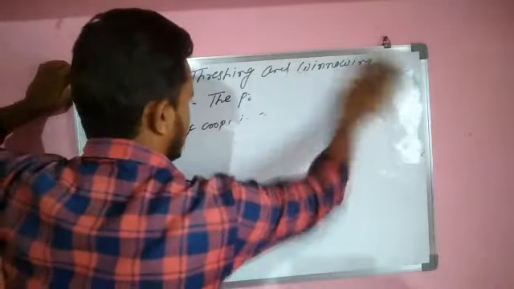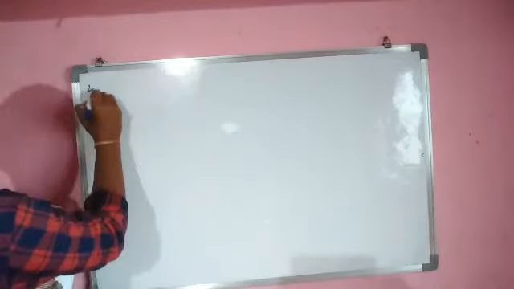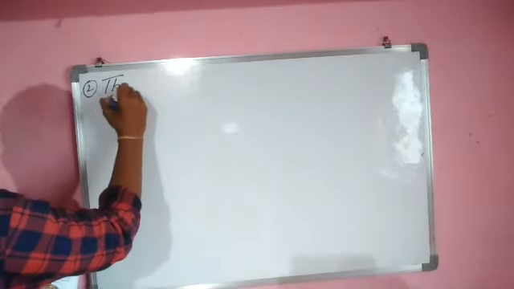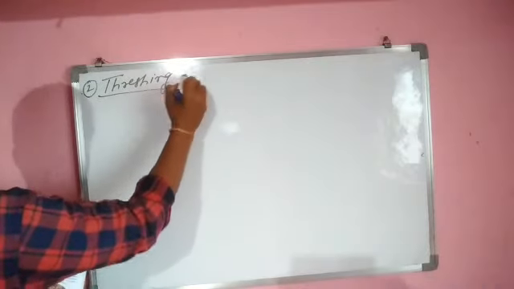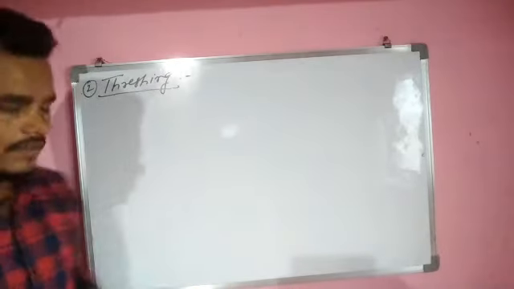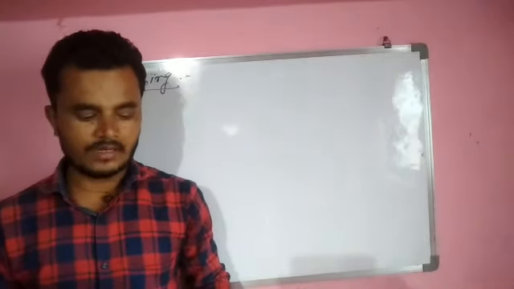Next one is threshing. Threshing is the process of separating grains from the harvested crops.